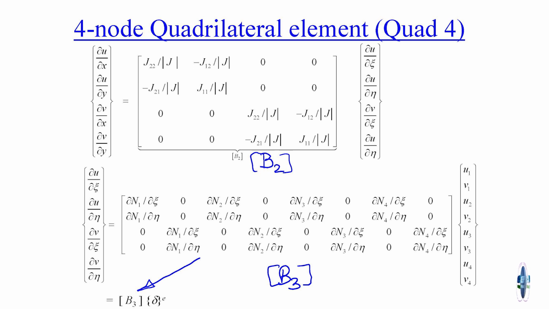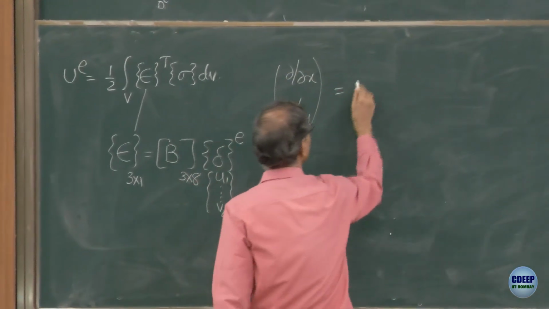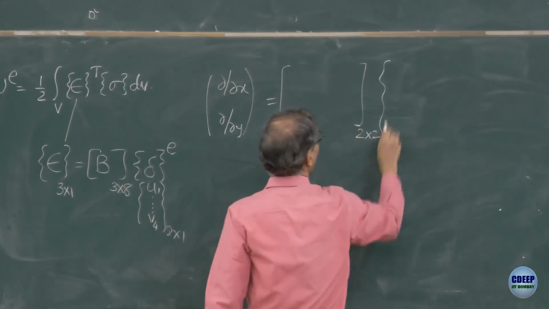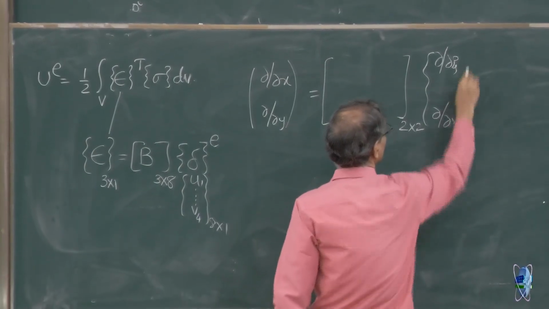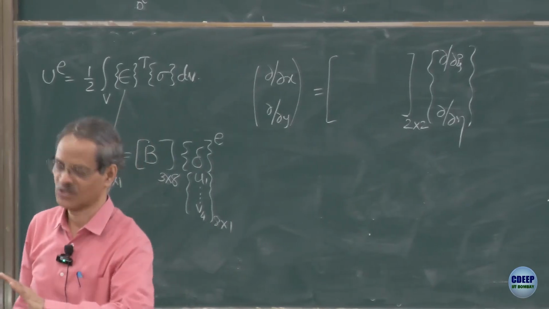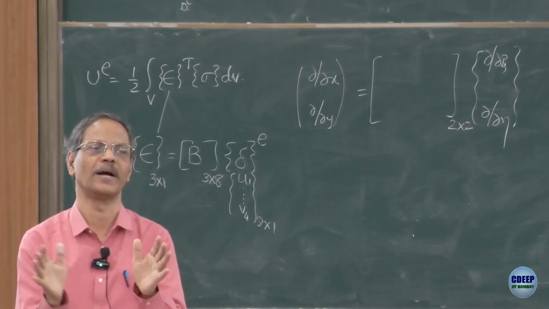The relation I have is dou by dou x, dou by dou y of any function is the Jacobian inverse times dou by dou zeta, dou by dou eta, correct. So, I have just repeated it twice for u and v in one compact matrix.